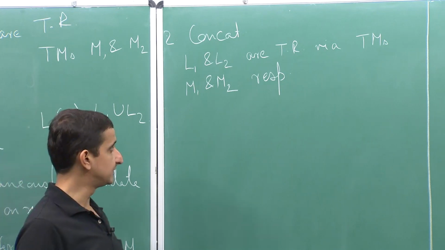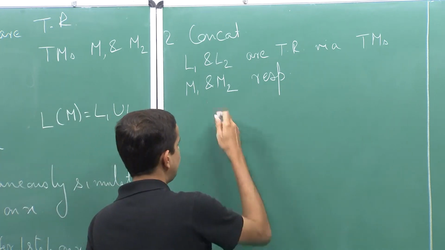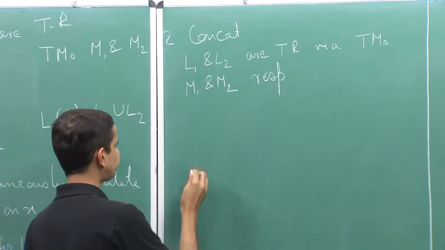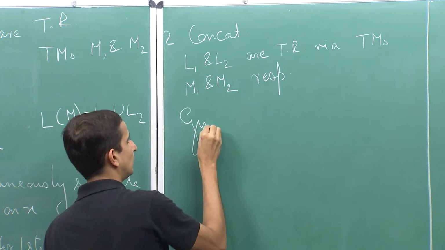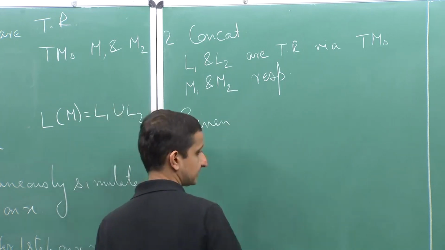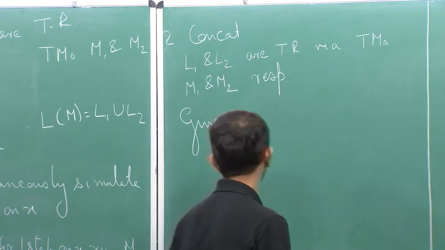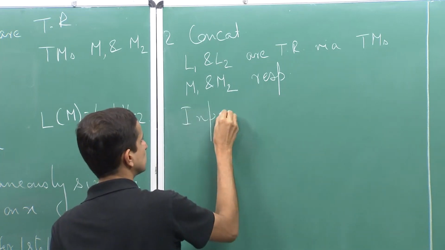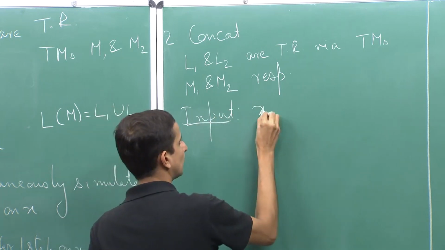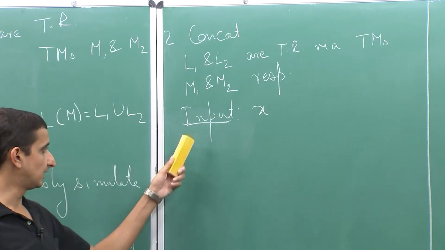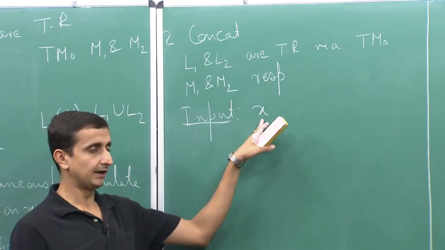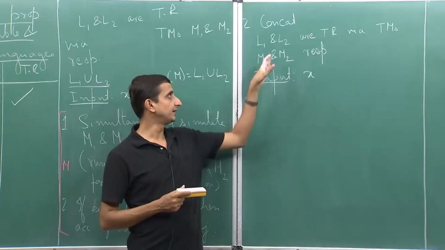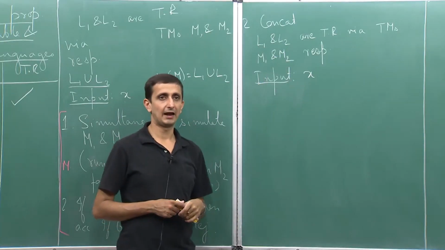Then we have that L1 is L of M1 and L2 is L of M2. Now, given input x, I want to design a machine which would accept x if x is a concatenation of two strings, one belonging to L1 and the other belonging to L2.